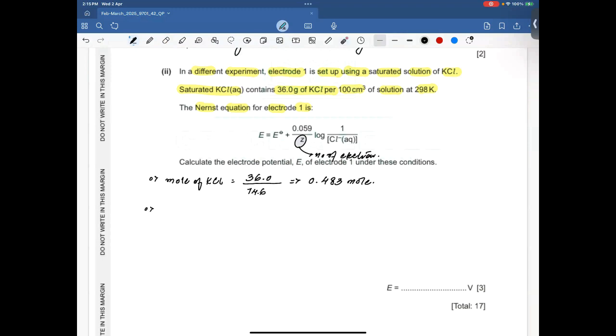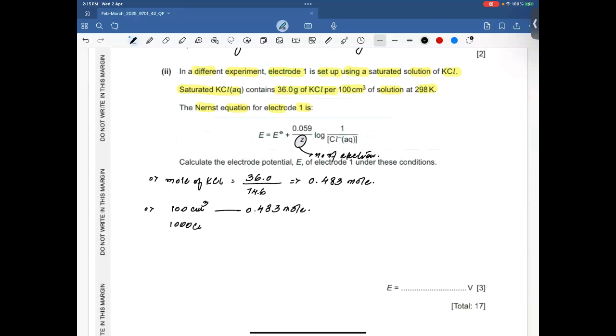So in 100 cm cube, we have this many moles. In order to calculate the concentration, I need to compare the moles with 1000. So in 100 cm cube, it's 0.483 moles.